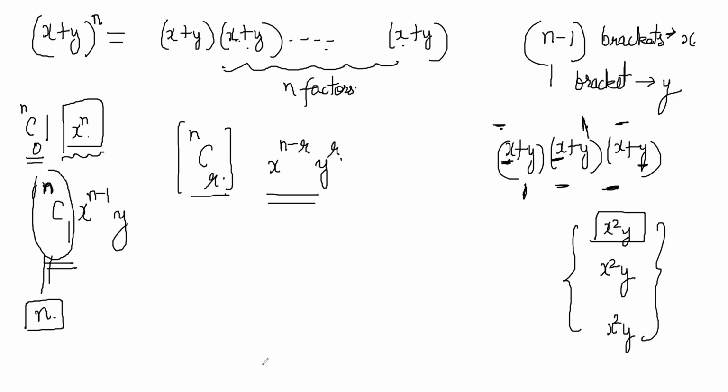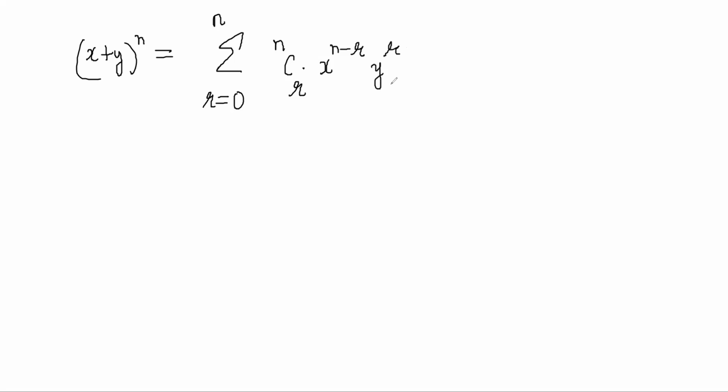So now we can write x plus y power n general term as summation of r goes from 0 to n, ncr x power n minus r and y power r. So this is a compact version of the same binomial theorem.